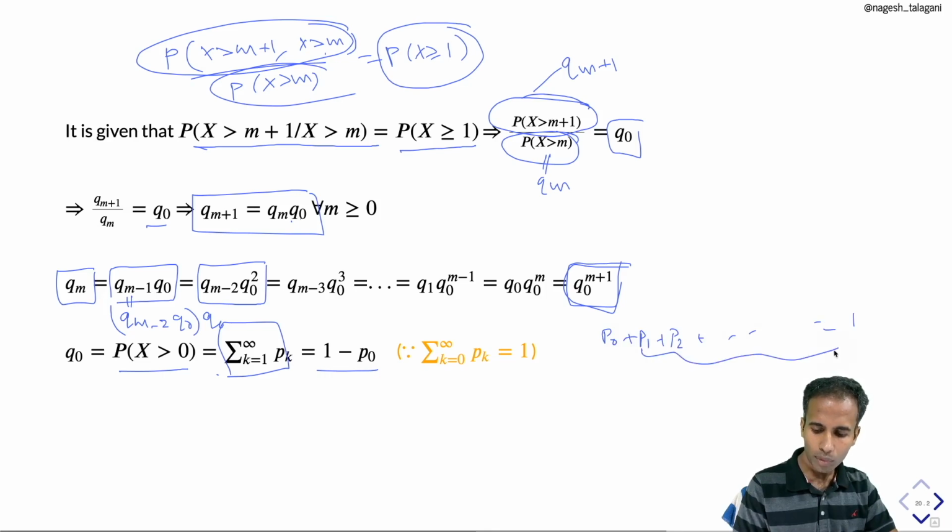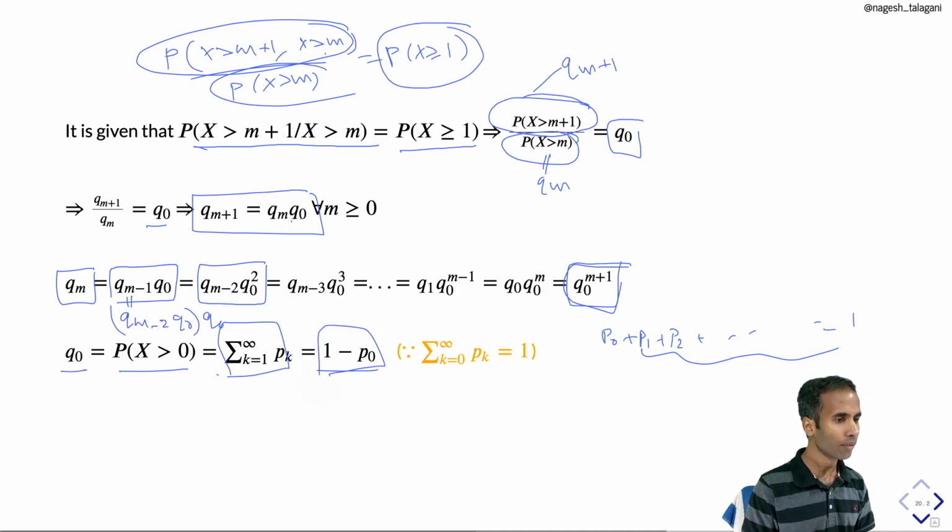So the Q naught is actually going to be equal to 1 minus P naught, because total PMF values must add up to 1. Okay, so Q naught, which is the probability of x greater than or equal to 1, is going to be 1 minus P naught.